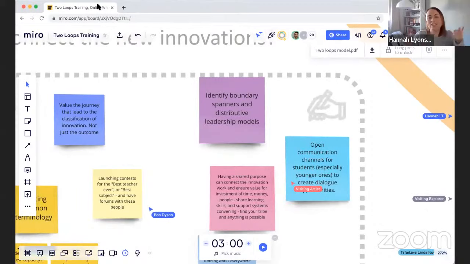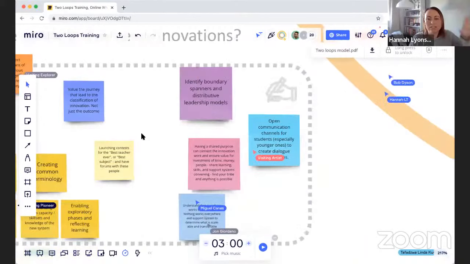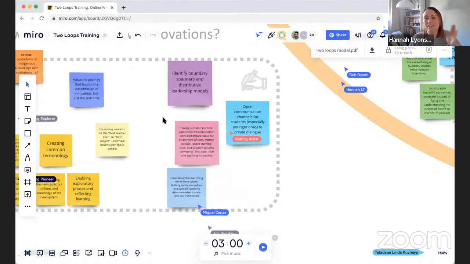So talking about connecting them back to different industries as well, not just within this new system, but other systems that we might see too.